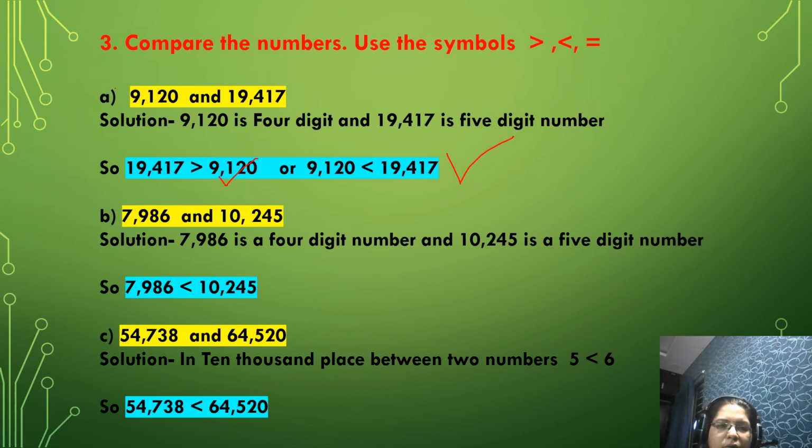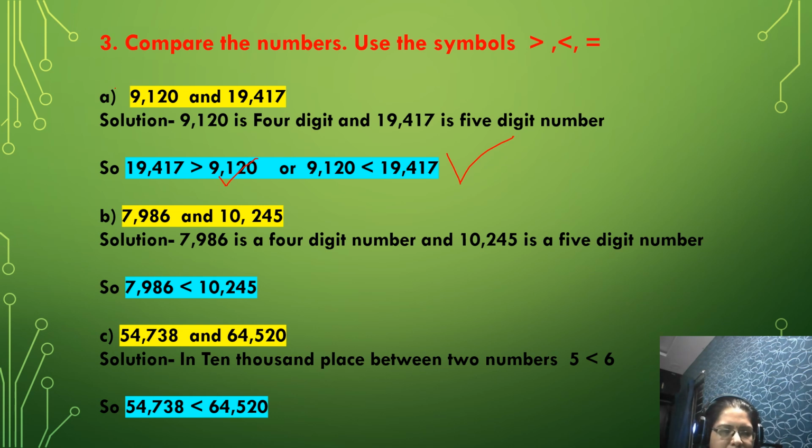So 9,120 is less than 19,417. And we can also write it the other way, 19,417 greater than 9,120. Both will be correct. Always the number with more digits is greater than the other number. So the 5-digit number 19,417 is greater than 9,120, or we can write 9,120 less than 19,417.